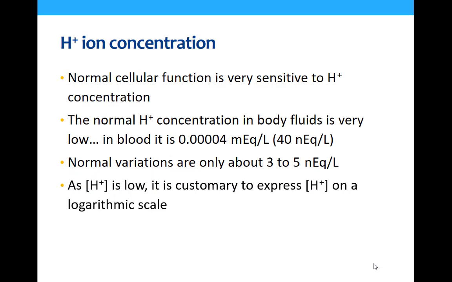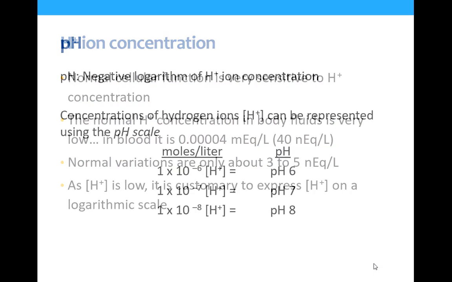Because the concentration of H plus is so low, it is customary to express it on a logarithmic scale, which is the pH. So pH basically is an inverse log of H plus concentration, and we will look at it in more detail a bit later.